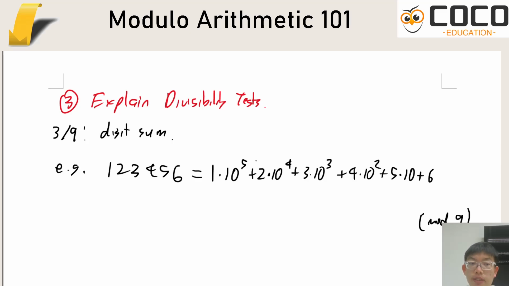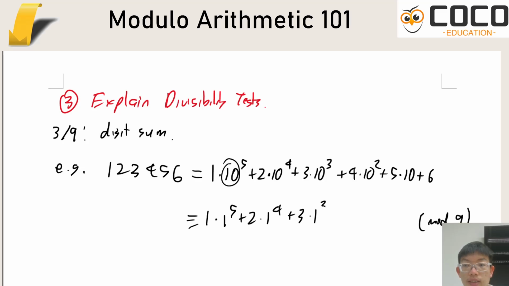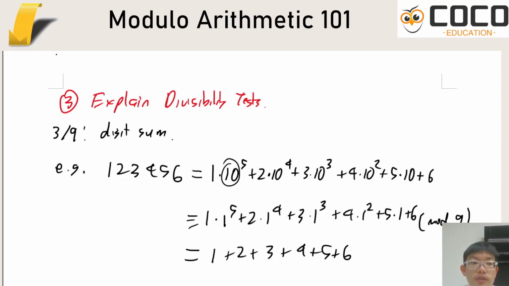Now the magic happens because 10 is congruent to 1 mod 9, because 10 is 9 more than 1. So I can replace all the 10s by 1s. And this is great because, as we all know, powers of 1 are still 1. And this is our very ubiquitous divisibility test.